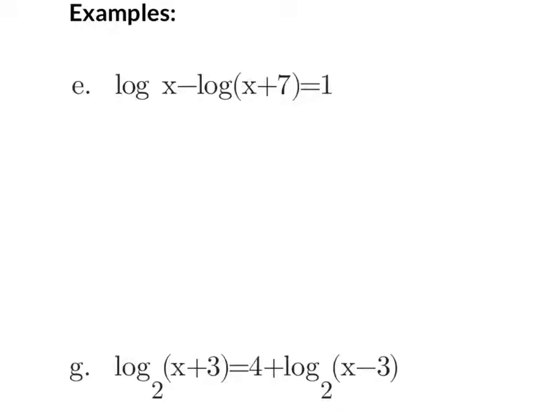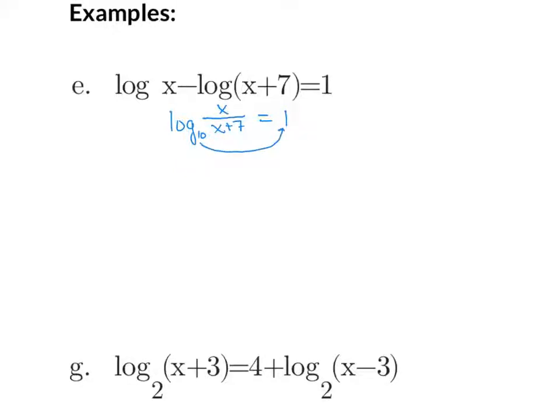So if we have subtraction, this is going to become log of x over x plus 7 equals 1. We want to go ahead and convert to exponential. Again, since there is no base written in here, it is base 10.